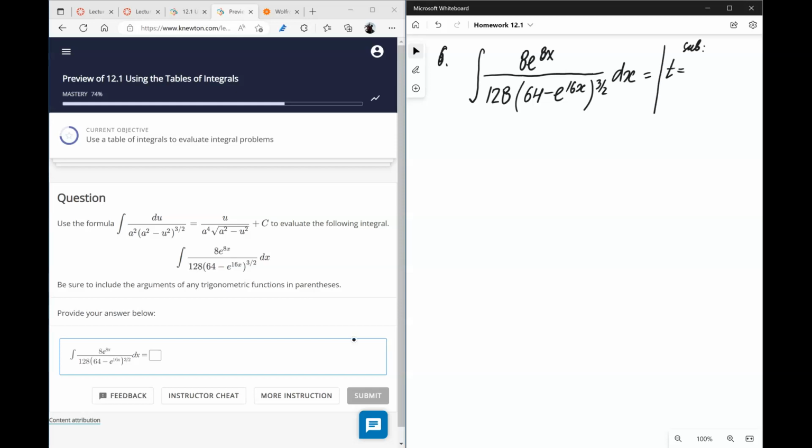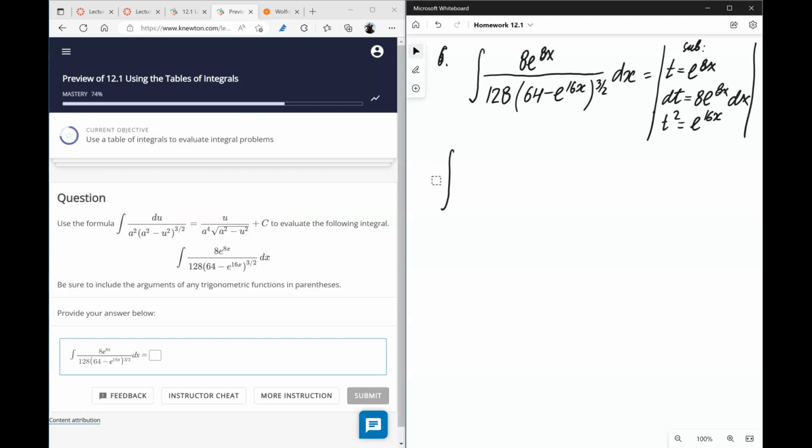We have to set t to be e to the power 8x, so that dt is 8e to the power 8x dx, and that t squared is now e to the power 16x. So that's the substitution.